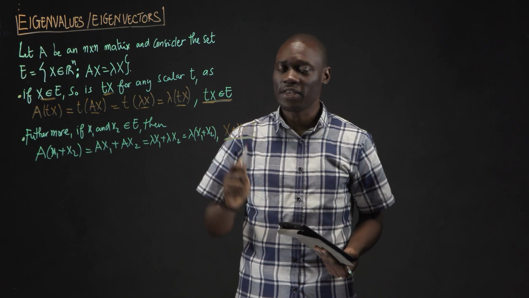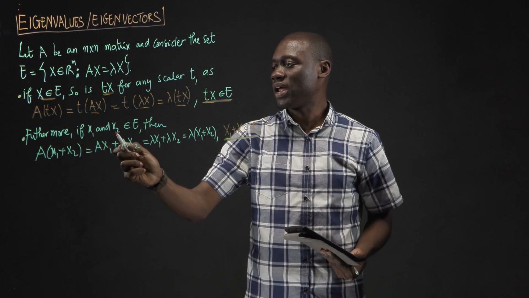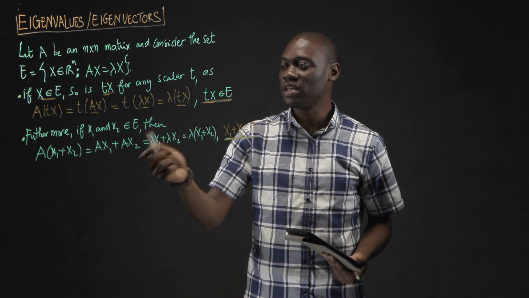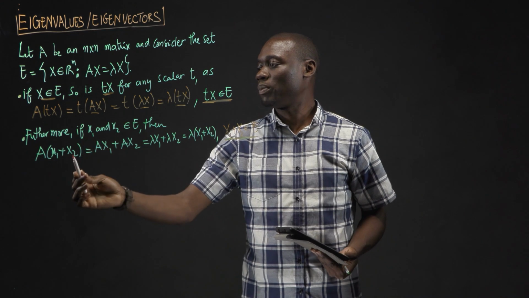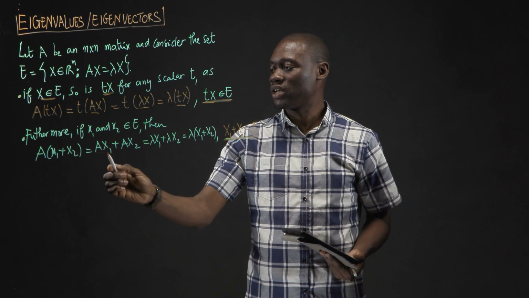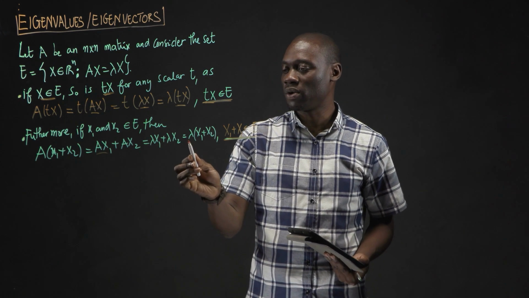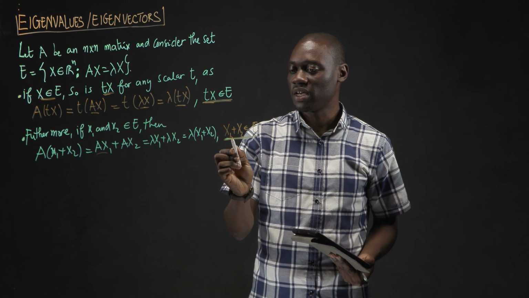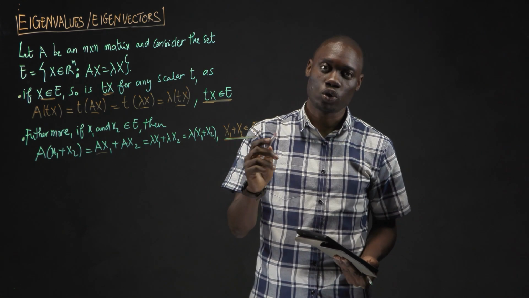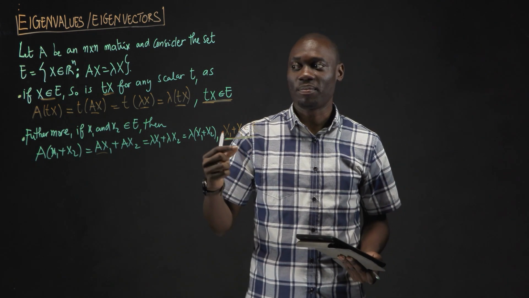Furthermore, if we have x1 and x2, two vectors of E, then A(x1 plus x2) equals Ax1 plus Ax2. You know that Ax1 is lambda x1 and Ax2 is lambda x2. We sum it, and this equals lambda (x1 plus x2), which concludes that x1 plus x2 also belongs to E. Now, why are we explaining this?